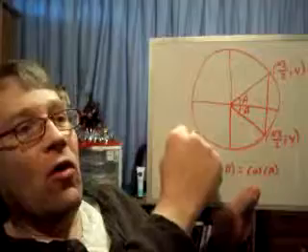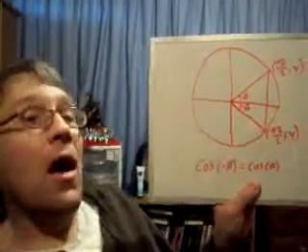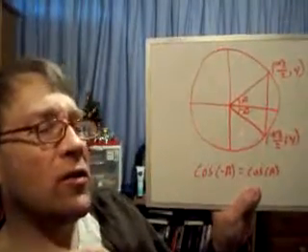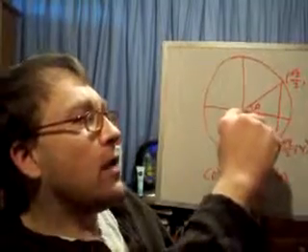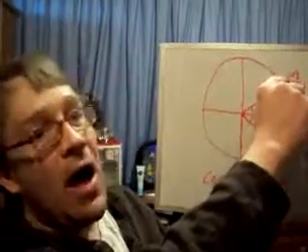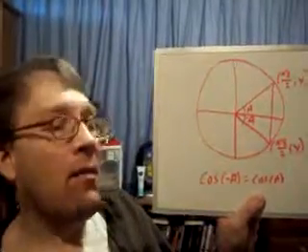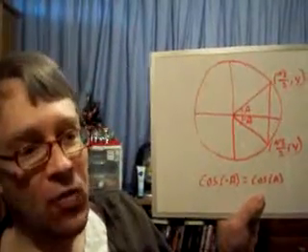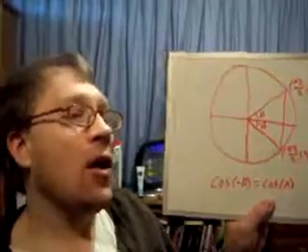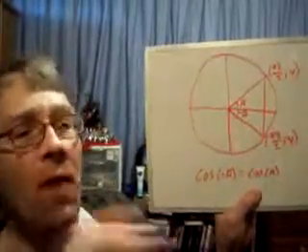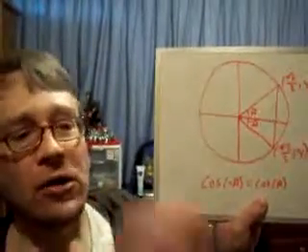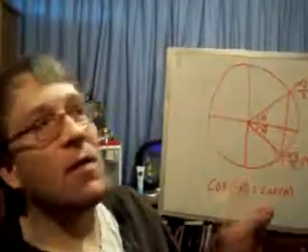Now then, this is a unit circle. And what do we say about unit circles? That the radius that comes from the center of that unit circle to its outermost edge is going to be 1 of something. The measurement is irrelevant at this point. It could be centimeters, inches, miles, or kilometers. Doesn't matter. It has to be 1 of something.